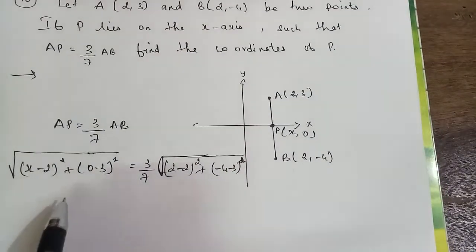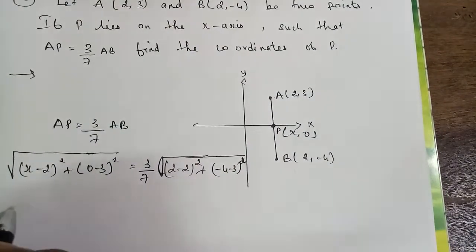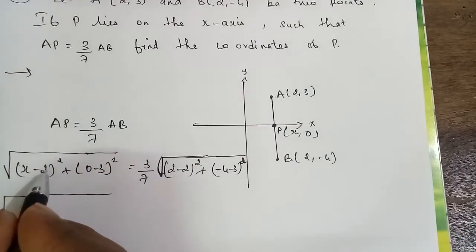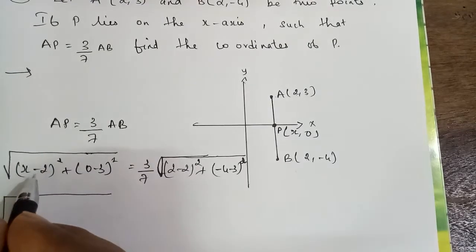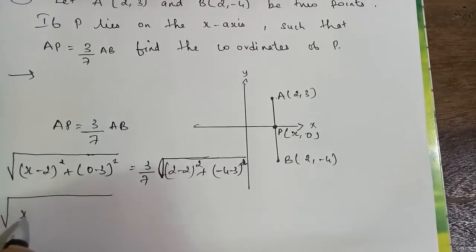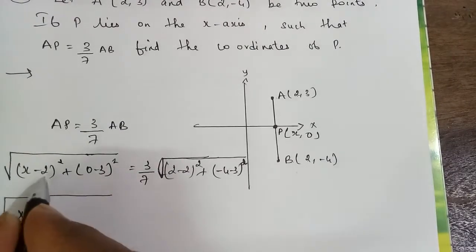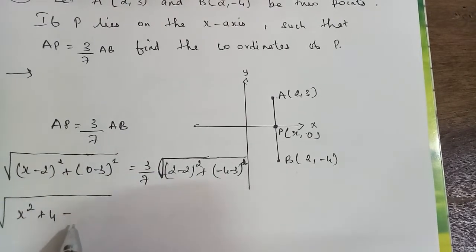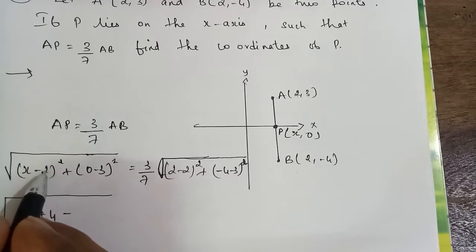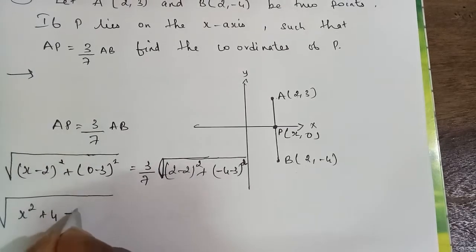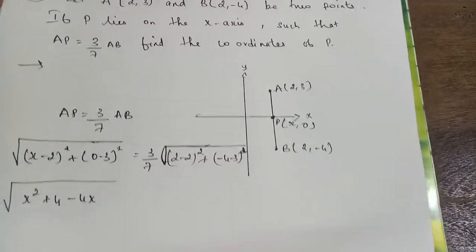Okay, so here what we have? (x minus 2) the whole square. This is (a minus b) the whole square. The formula is a square plus b square minus 2ab. So a square is x square, b square is 2 square, that is 4, and minus 2ab, so 2 into x into 2, that is 4x.